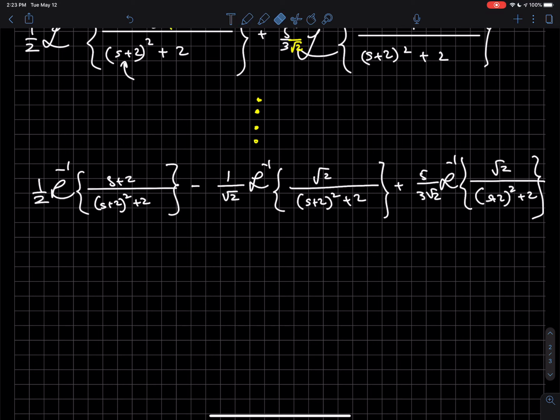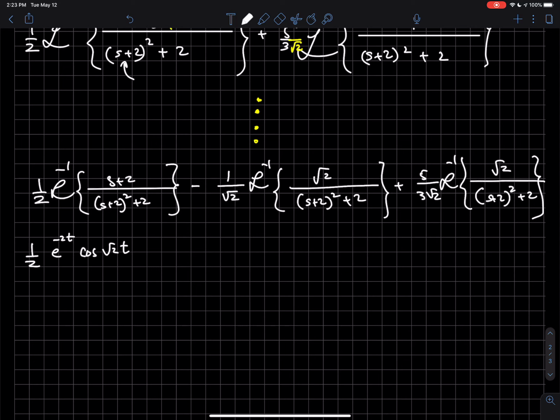Now here I have 1/2 Laplace inverse of (s plus 2) over (s plus 2) squared plus 2. That's just, again, cosine of root 2t times e to the negative 2t, which represents the shift in the frequency domain.